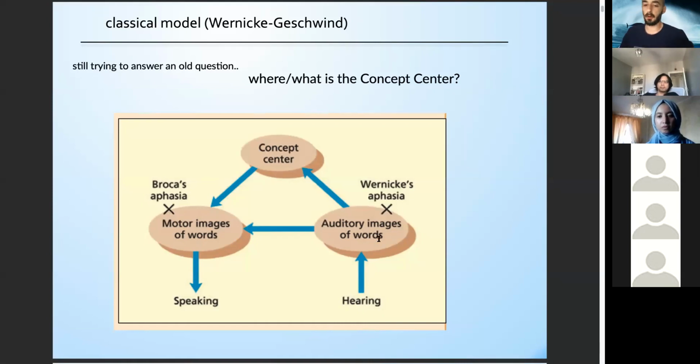So this is temporal language areas: STS, STG, MTG, posterior MTG, Wernicke's area. This is Broca's area, BA 44, 45, 47. So where is the concept center?